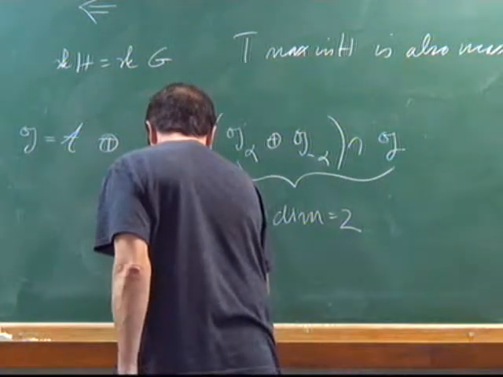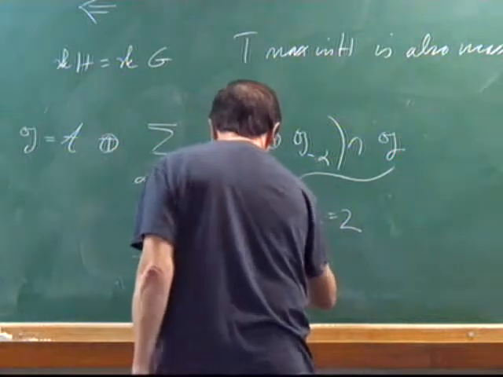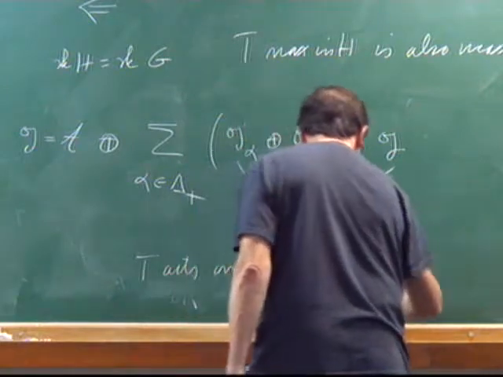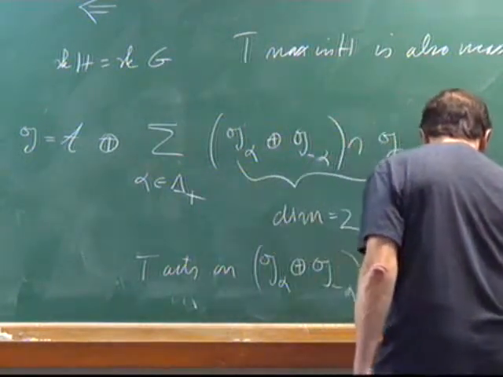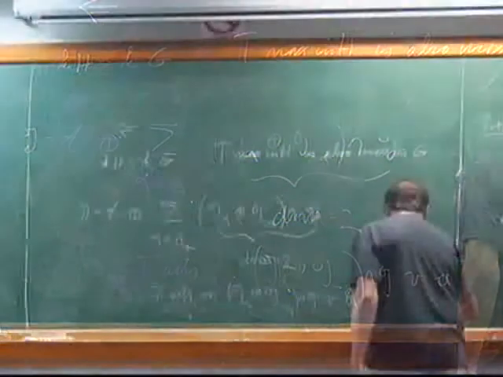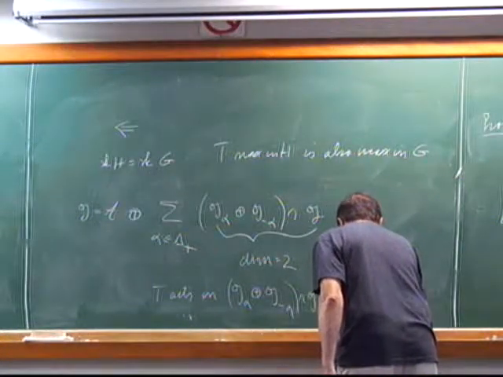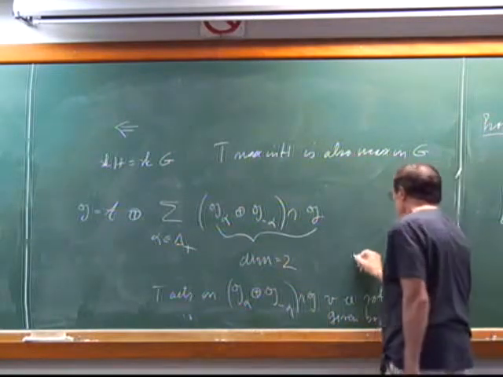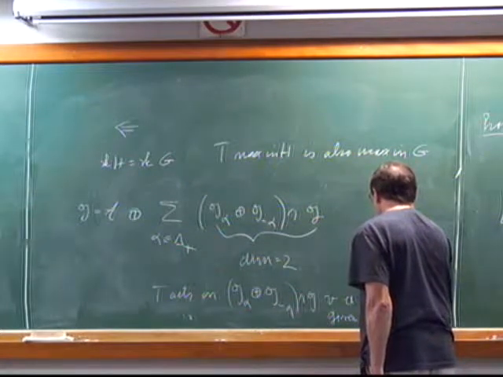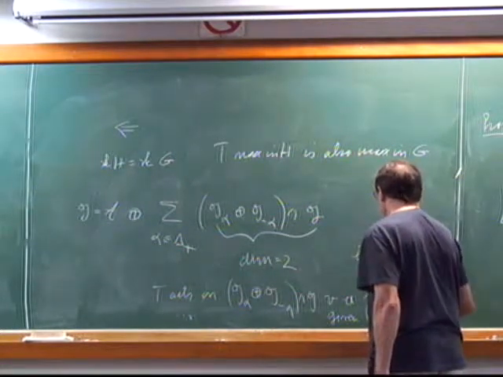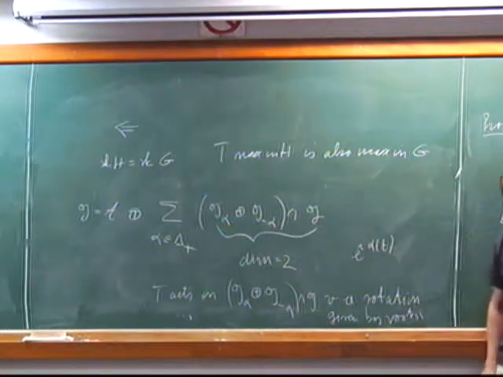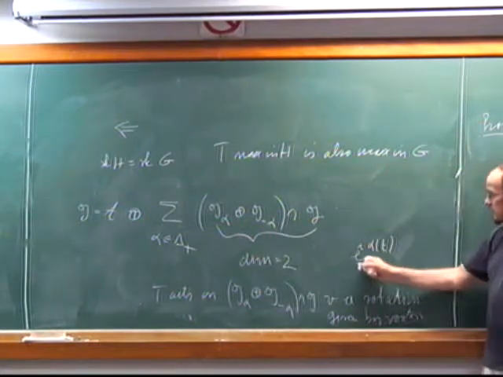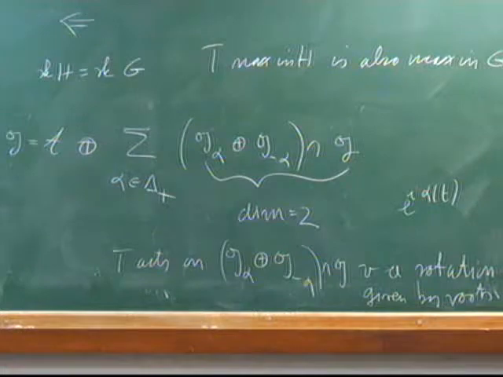And T acts on these spaces by a rotation given by roots, so essentially e to the i alpha of t. I can view it as a complex vector space, and I know how the torus acts on this. If I reinterpret it as a real space, it just acts by rotation. I think at some point we discussed this.